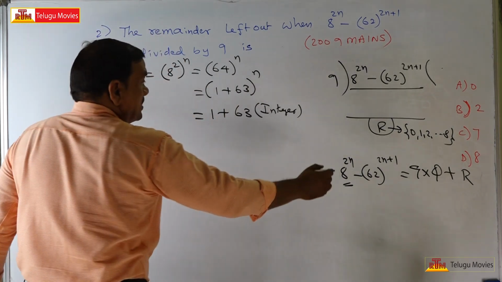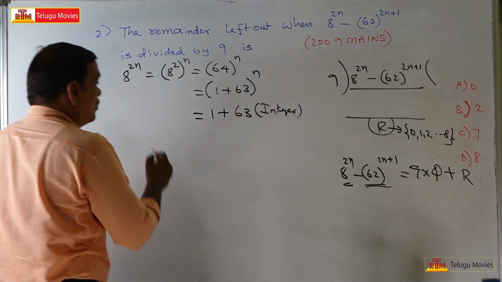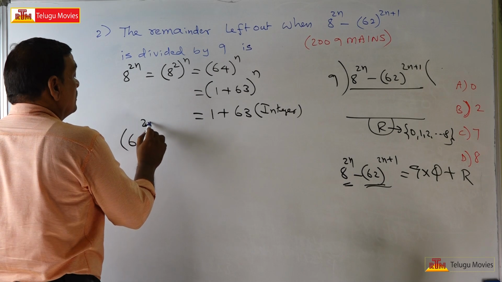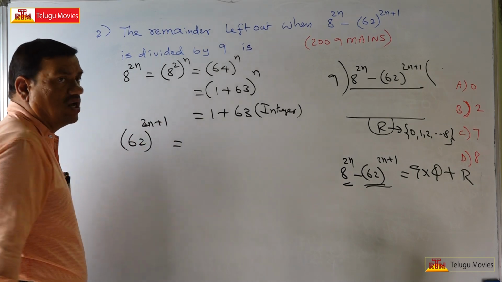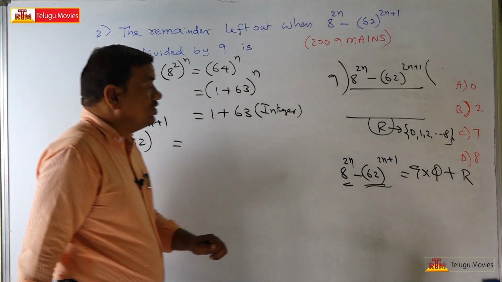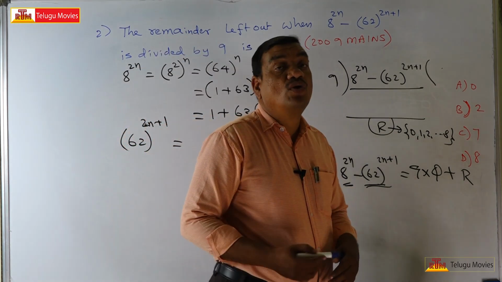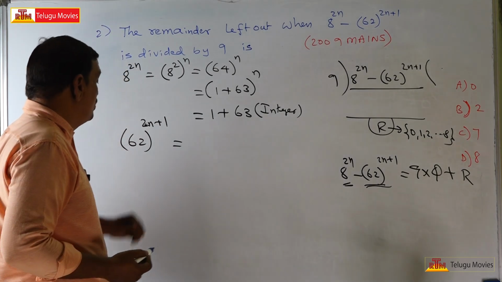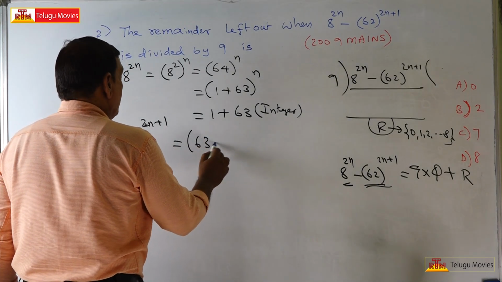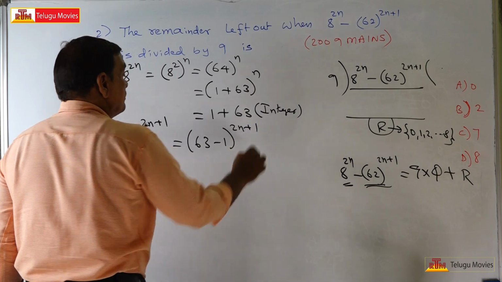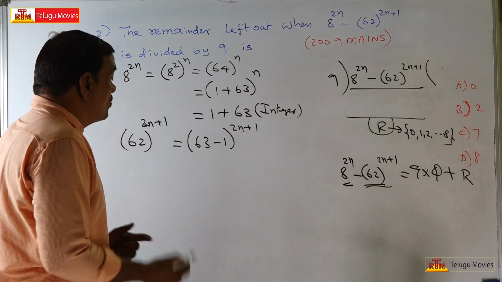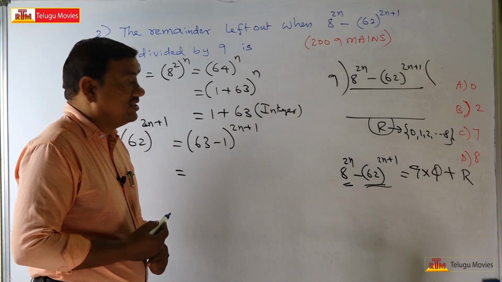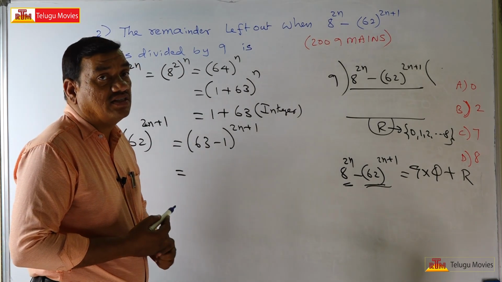Again you take this second term, that is equal to 62 whole to the power of 2n plus 1. 2n plus 1 is an odd number. 62 is not a multiple of 9. What is a multiple of 9 means 63. So therefore 62, can I write down (63 minus 1) whole power 2n plus 1? Yes, I can write it so. For my convenience sake, I can take (1 minus 63), but here 2n plus 1 is an odd number.